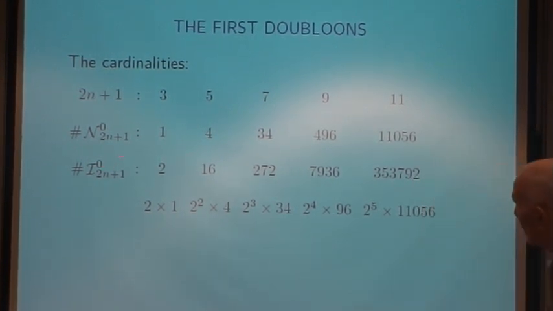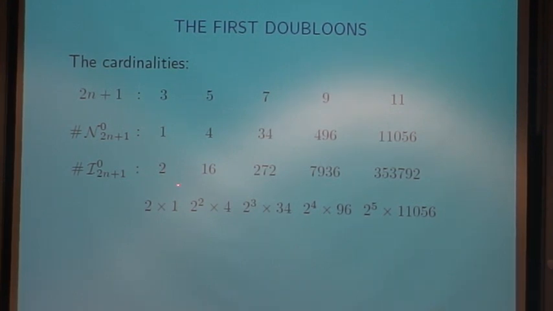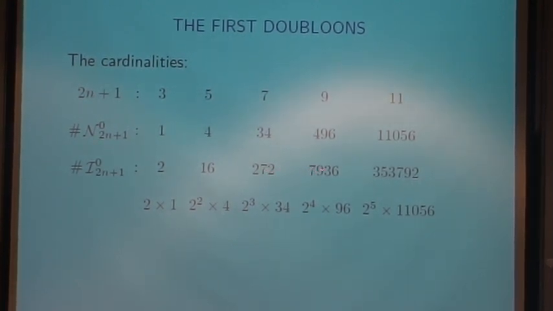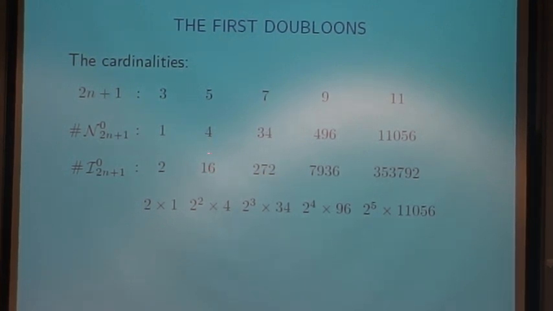This is the coefficient of u^3 divided by 3 factorial in the Taylor expansion of tangent. This one's 16, and those have very high powers of 2. And that one is simply this one divided by 2 to the n.